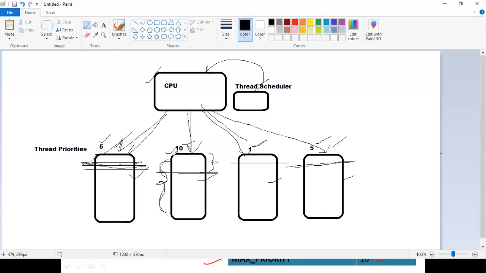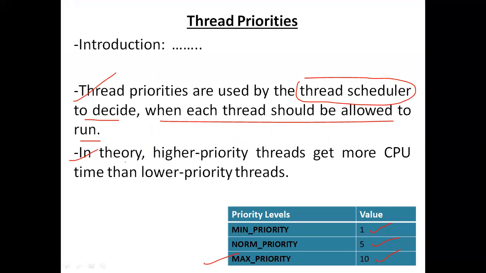What we have to understand here is that a higher priority thread will be executed more amount of time. Let's go back to our discussion. So in theory, higher priority threads get more CPU time than lower priority threads.